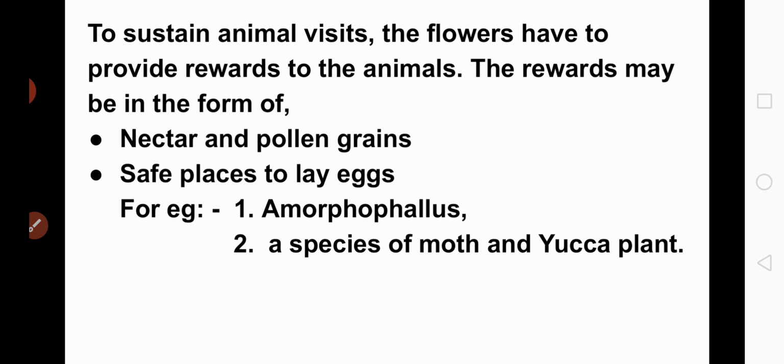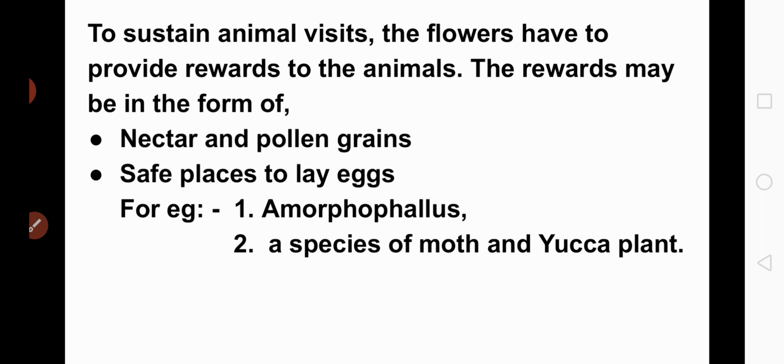The body of the animal gets a coating of pollen grains, which are generally sticky in animal-pollinated flowers. So when the animal carrying pollen on its body comes in contact with the stigma, it brings about pollination.